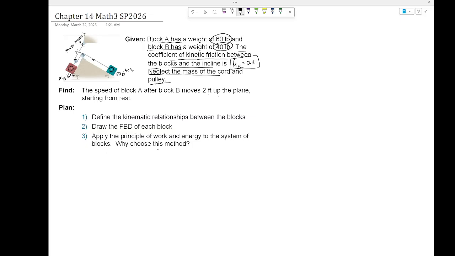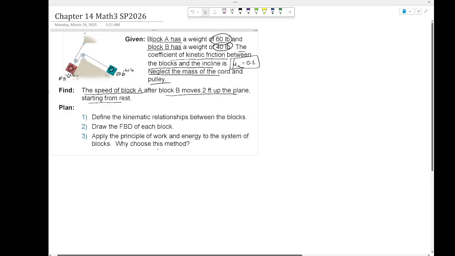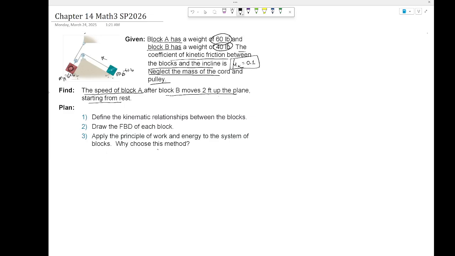It's asking you to find the speed of block A after block B moves 2 feet up the plane, starting from rest. So after block B is moving 2 feet up, that much movement happened.